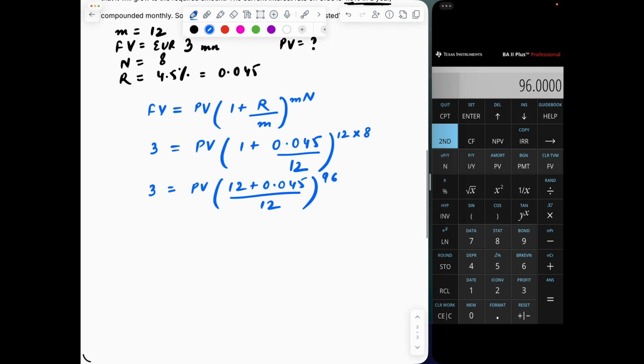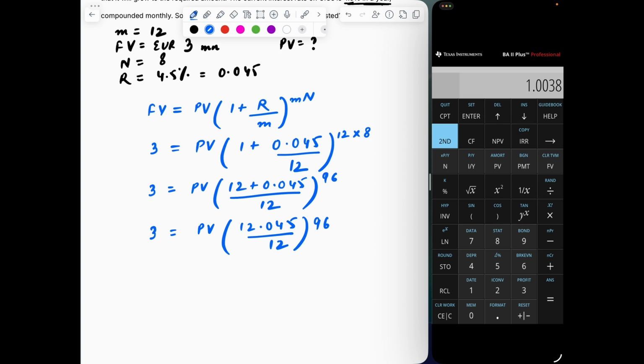So 1.00375, it is coming out to be this, 1.0038 to the power 96.